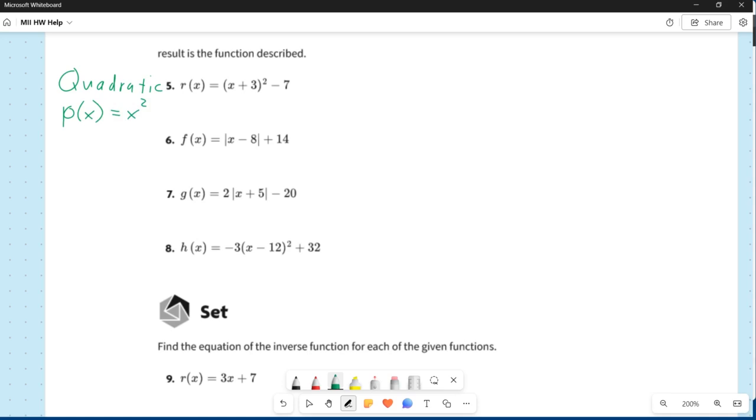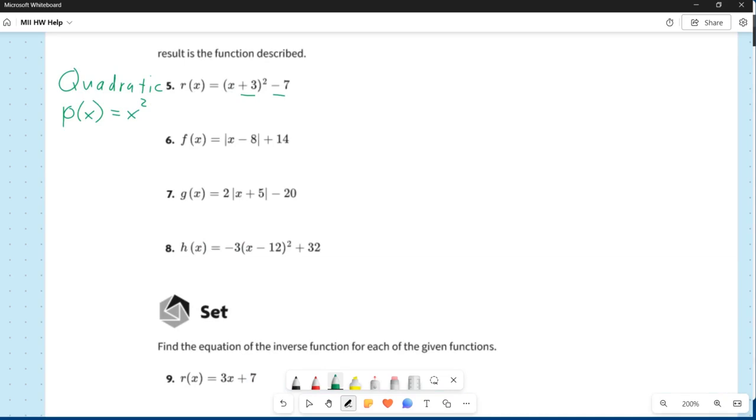And the question is, what essentially happened to the parent function that has resulted in r of x, which is not x squared, but (x plus 3) squared minus 7. And you can see that essentially two things have happened. You got this plus 3, and you got this minus 7.